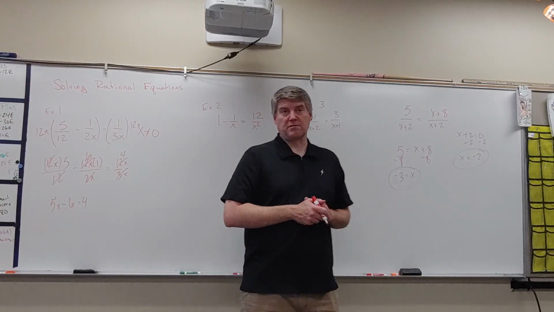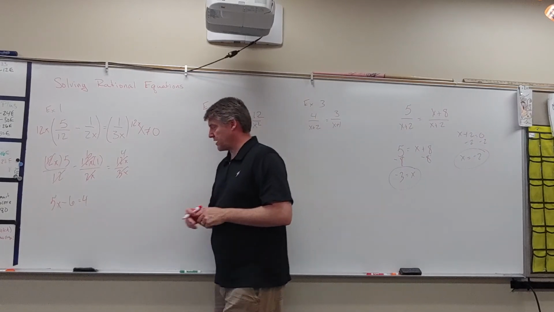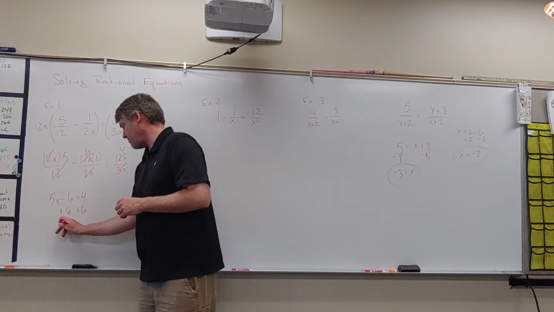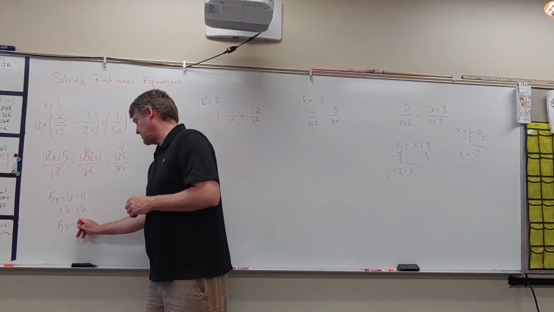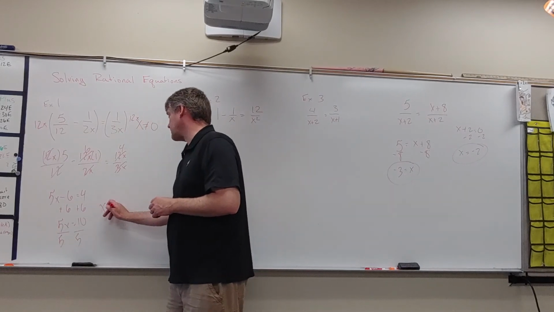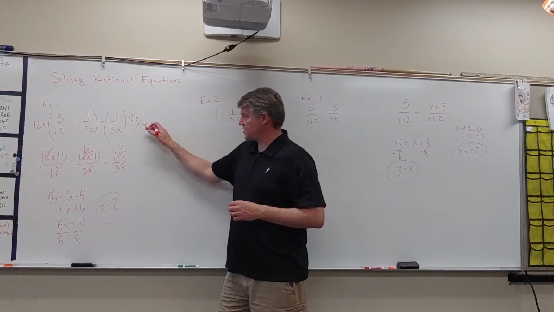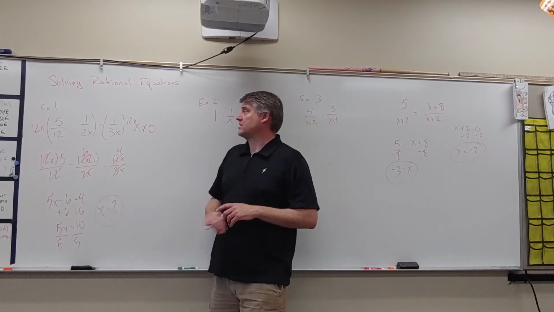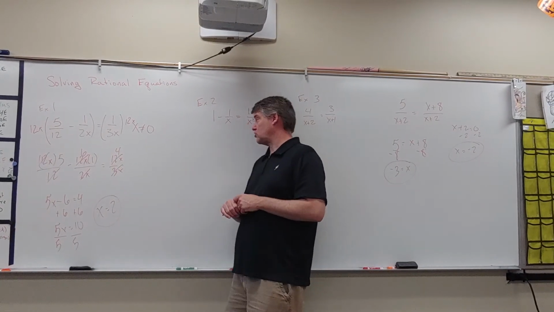Now we're at a simple algebraic equation. We're going to add our 6 here. 5x equals 10. Divide by 5. x equals 2. I compare that to what x cannot be. They're different. So what's going to make this equal when I solve for it is 2.